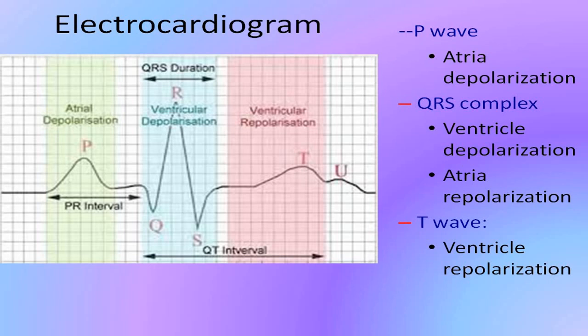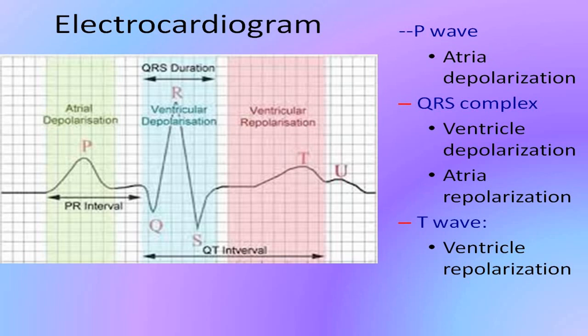At rest, the cardiac cells are considered polarized, and you are familiar with this term, polarization. And repolarization is when the depolarization is over and the chamber is starting to relax.